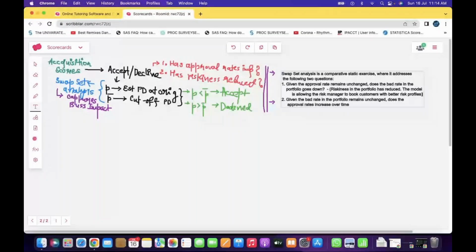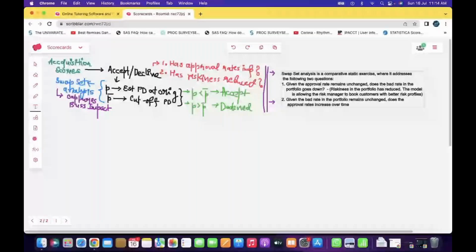So this is the first answer to the first question. Let's say I've developed a scorecard and I'm using that scorecard. It shows that the scorecard has led to a reduction in the riskiness in the portfolio. So previously, more risky customers were being booked, and they are now being rejected by this scorecard, and the customers who are relatively better profiles but were rejected are being accepted by this bank.